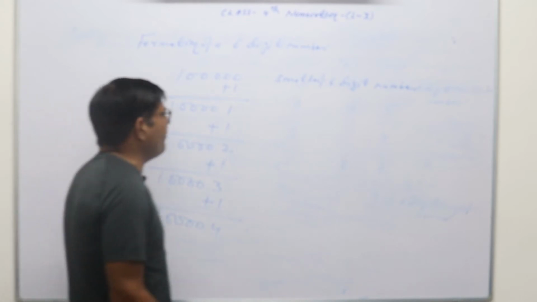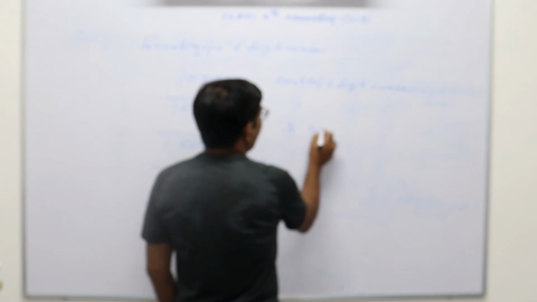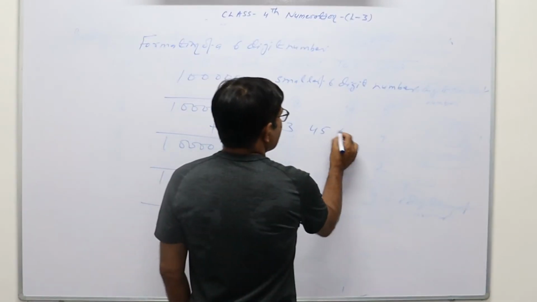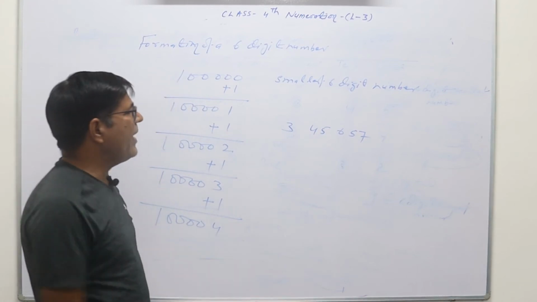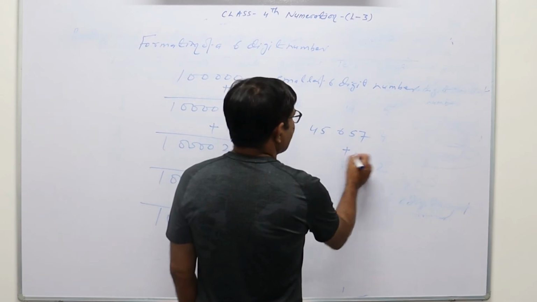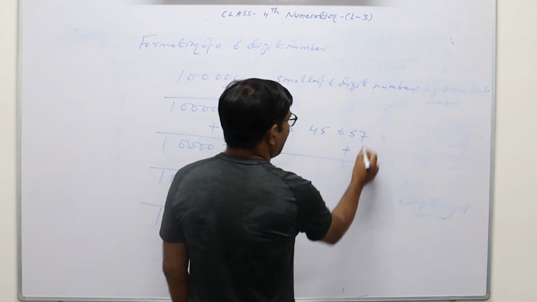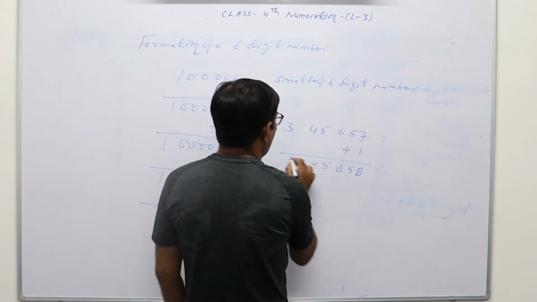For example, if we are given one number, 3,45,657, and we have to find the next number to this, then we will just add 1. So we get 7 plus 1 is 8, then 5, 6, 5, 4, 3.